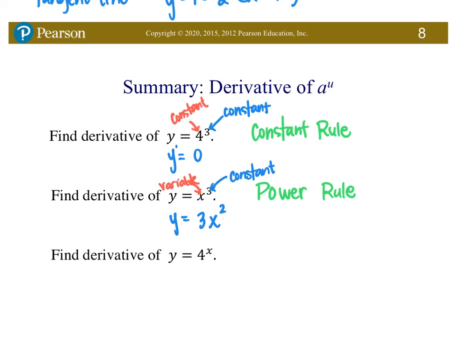And in our last example, we have a constant first, followed by the variable as part of the power. And so this is going to need the exponential rule.